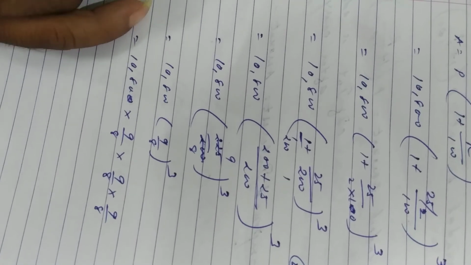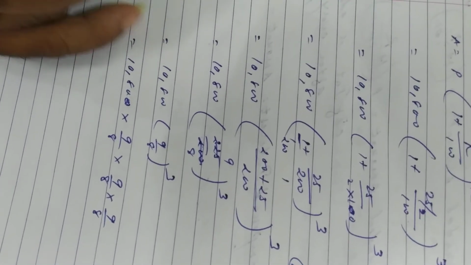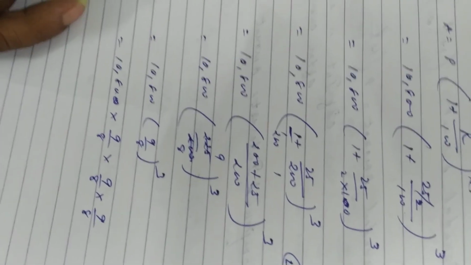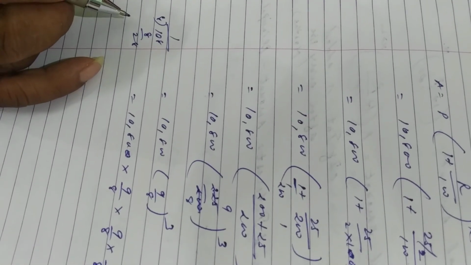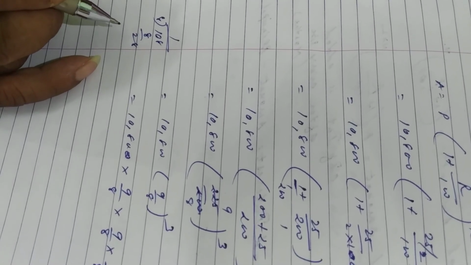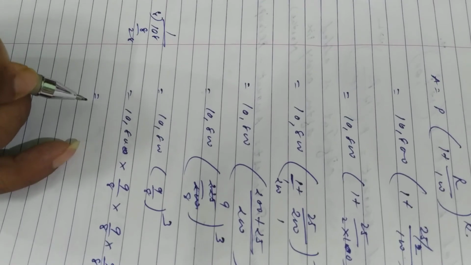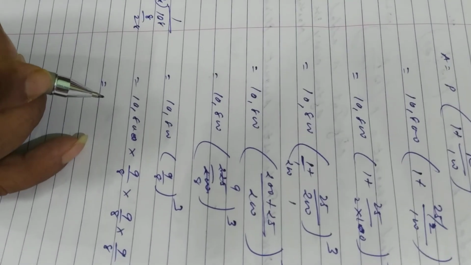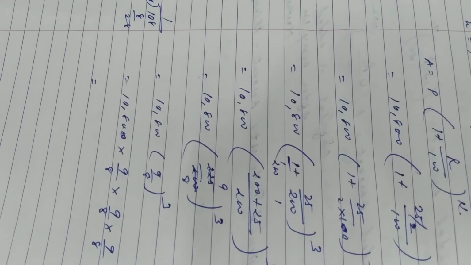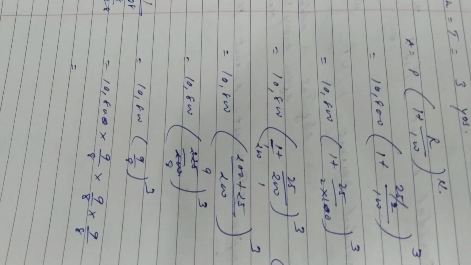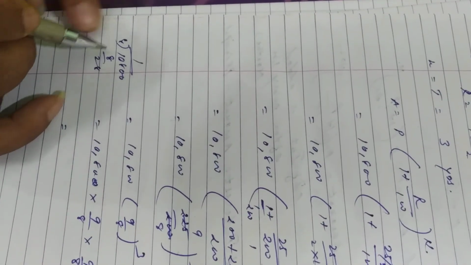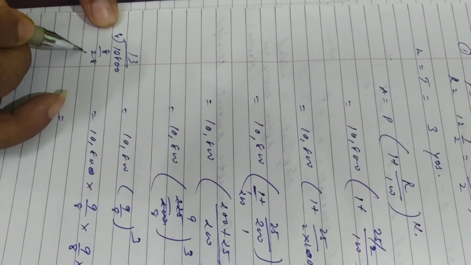Now 108 divided by 8. 8 ones are 8, so it cannot be divided further. Now 8 threes are 24, right?